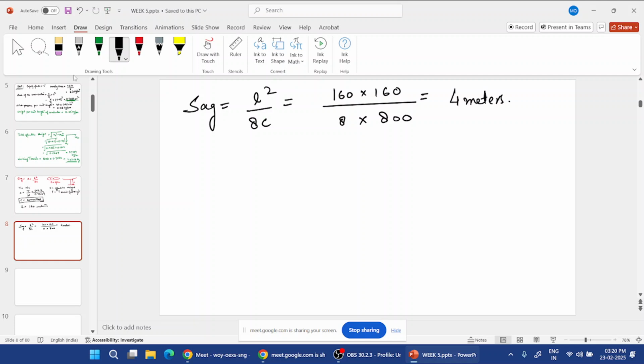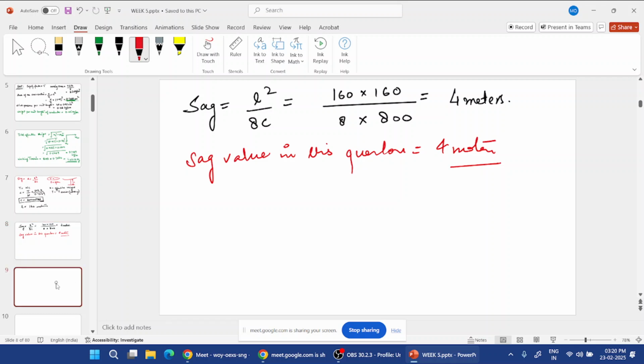So the sag value in this question is 4 meter. I hope you have understood how we calculate the sag whenever there is a wind pressure. I hope this is quite clear to you.